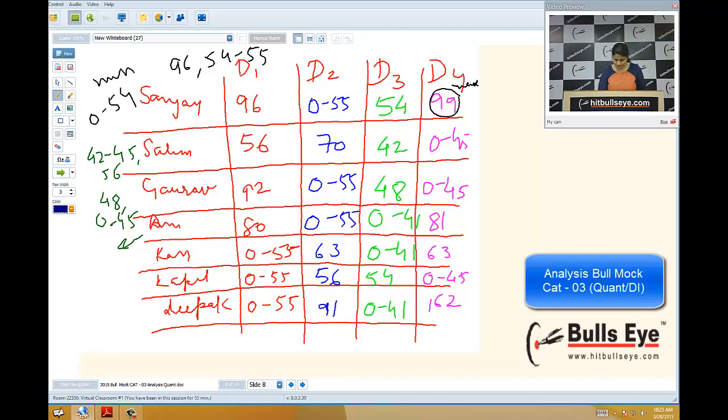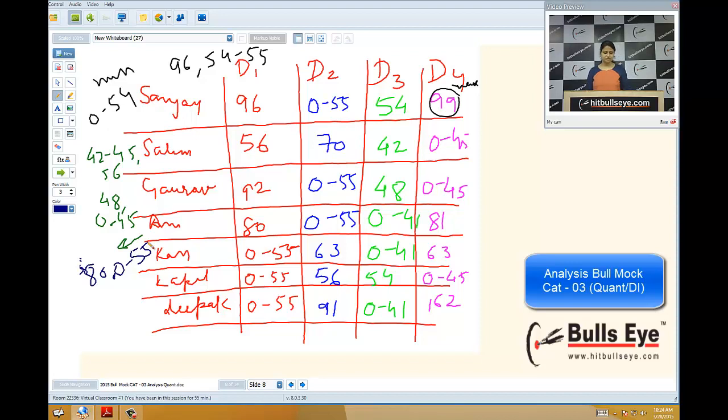For Amar, the two quantities will be 80 and 0 to 55, because in these 2 days, day 2 and day 3, we have a range. That's why we'll consider the whole range 0 to 55. By applying the same logic, we can calculate two middle quantities for each of the typists.